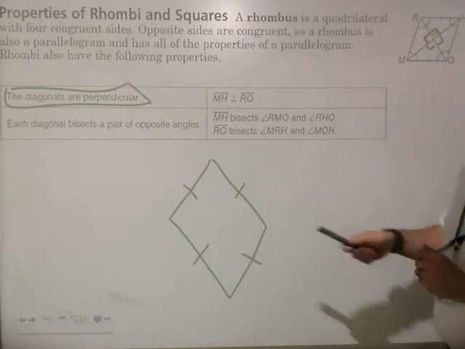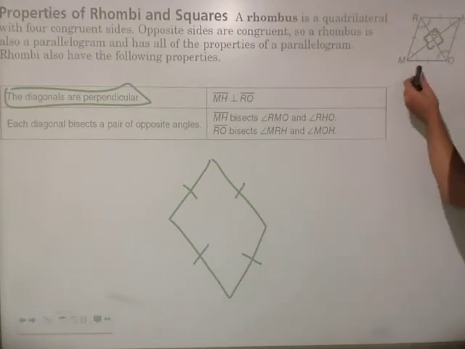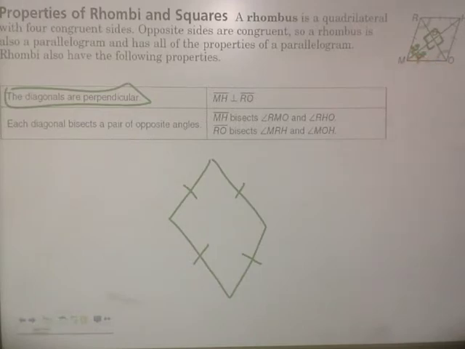And the diagonals bisect what I call these vertex angles. So at M, there's two little dashes here, right? There's one swoosh and then one swoosh. That means that if this is 20, this is 20 on either side. R has two little swooshes.